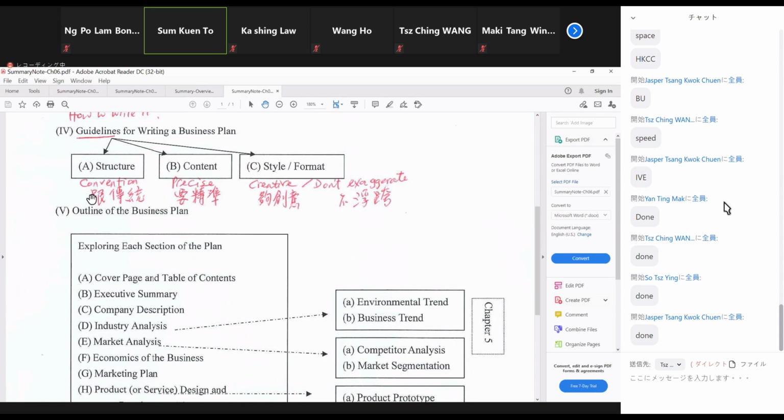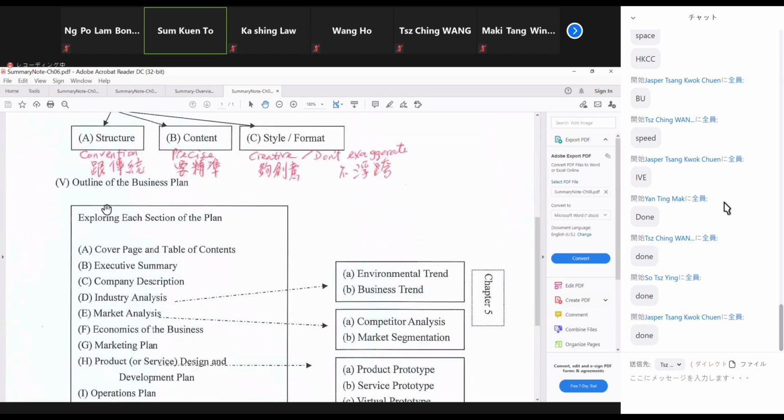As far as the structure and the headings are concerned, you must follow the tradition, the convention, because if you submit a 100-page business plan to Li Ka-shing, the business tycoon, and each day he gets thousands of documents to read, he won't spend 1 hour, 2 hours to read your report fully. That's why they will pick some of the topics to read.